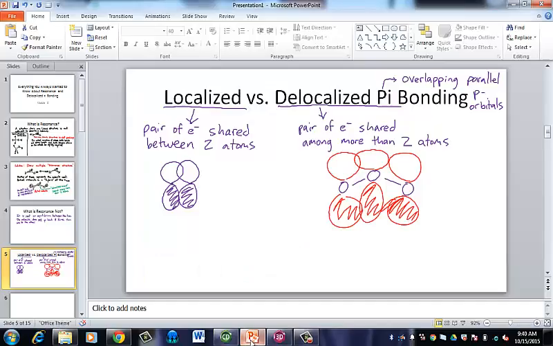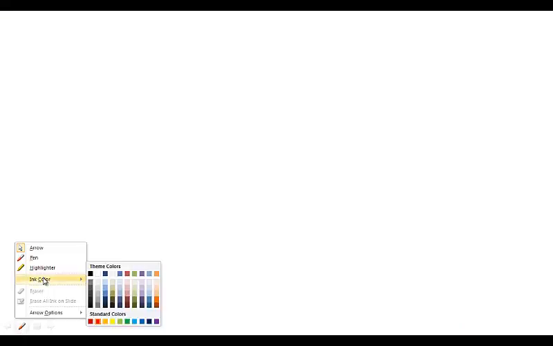So just to draw what the resonance structures look like for that. CO3 2 minus, we can draw 3 different resonance structures.